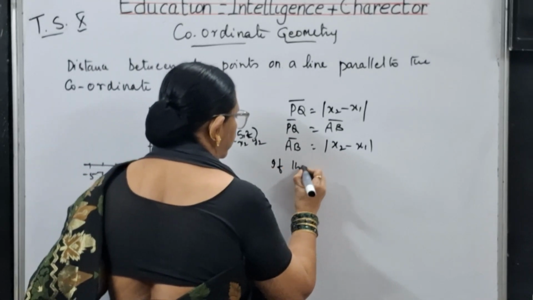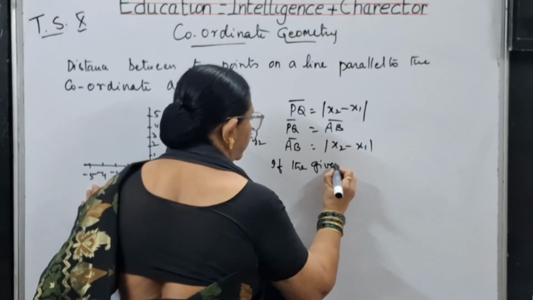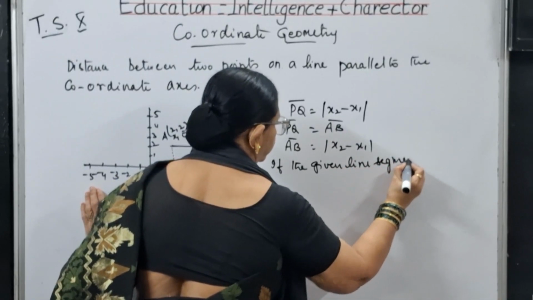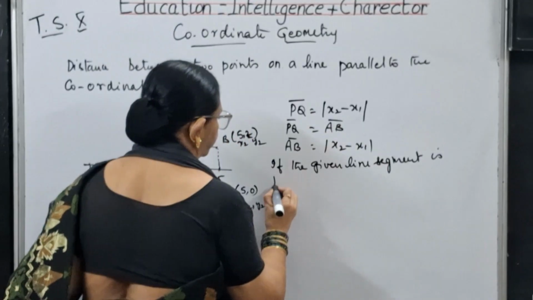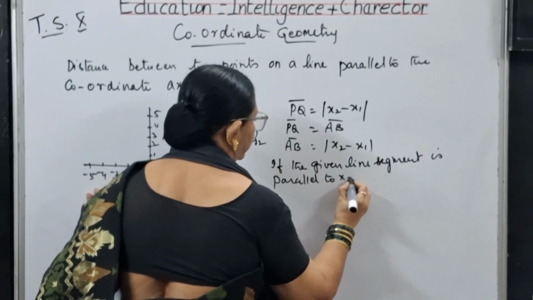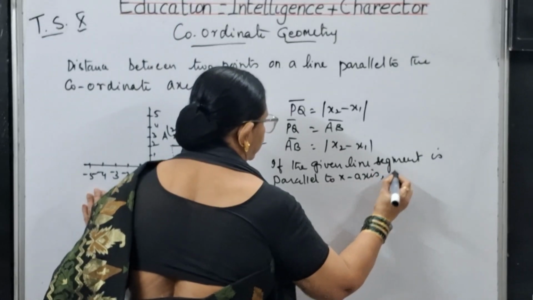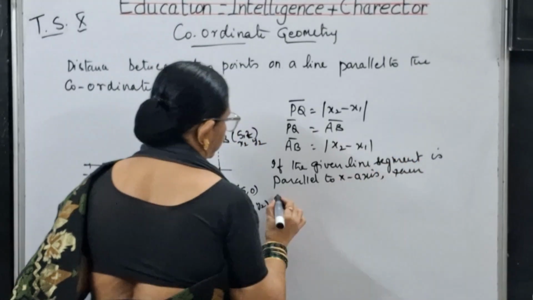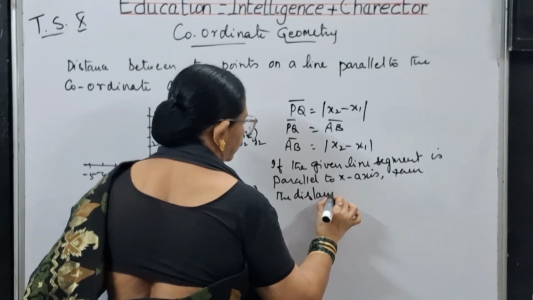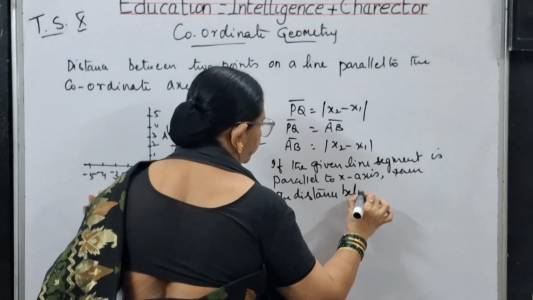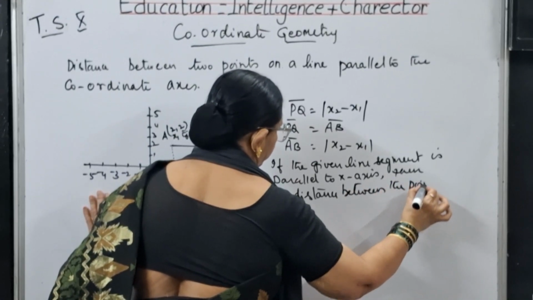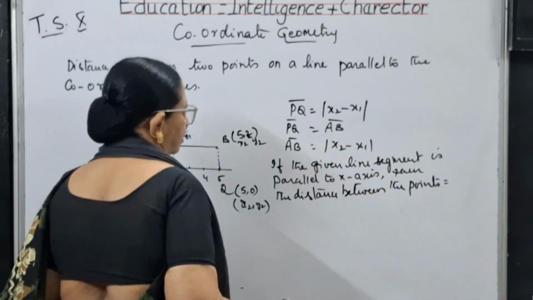If the given line segment is parallel to the x-axis, then the distance between the points is what?